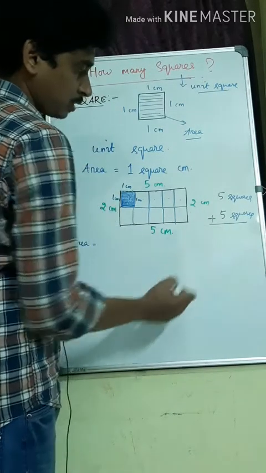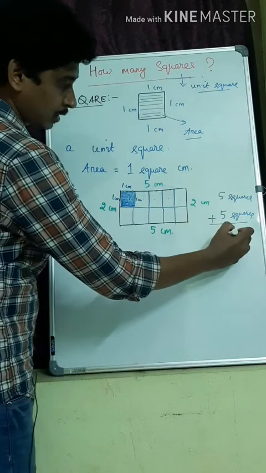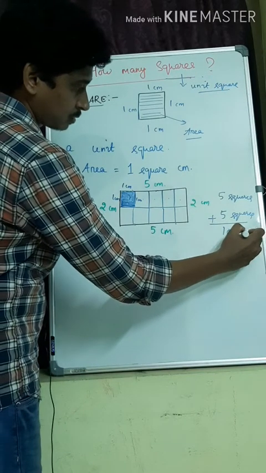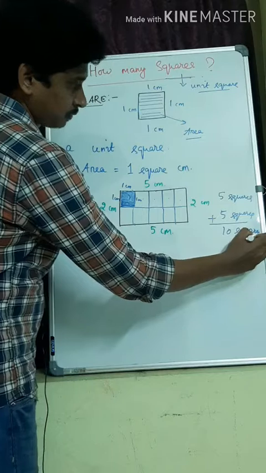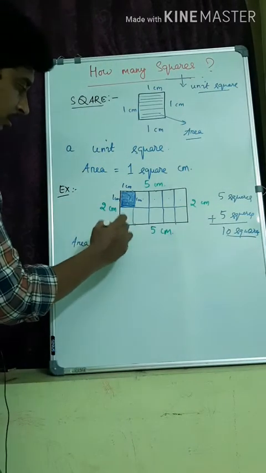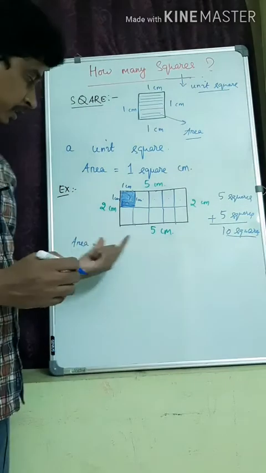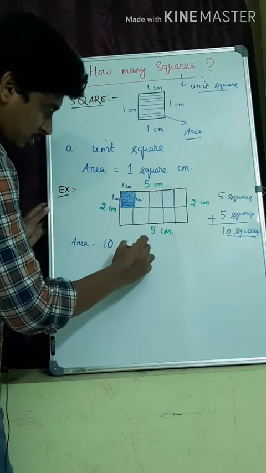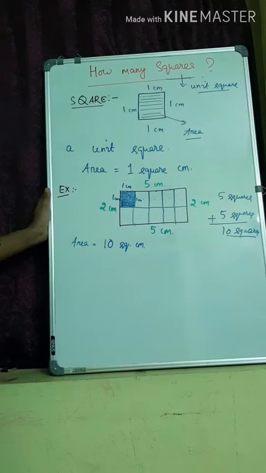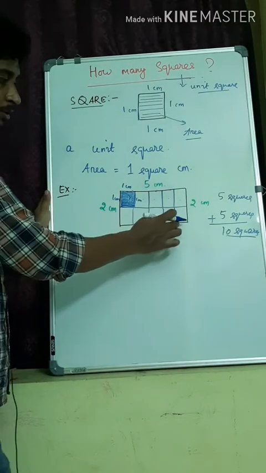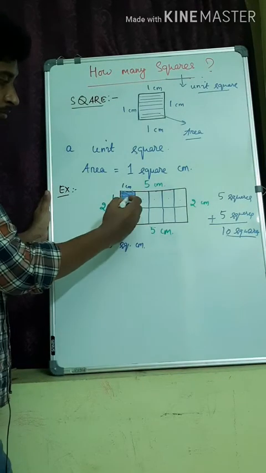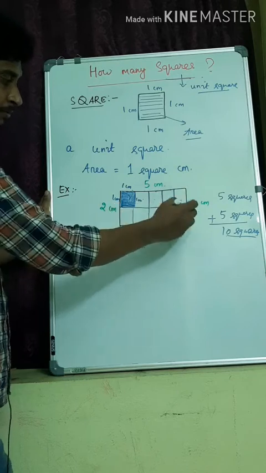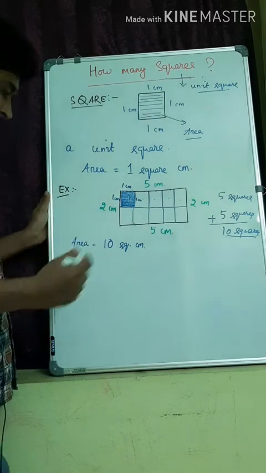So total 5 plus 5, there are 10 squares. So the area of this rectangle will be 10 square centimeter. Got it, children? We can simply do this by counting. Let's take another example.